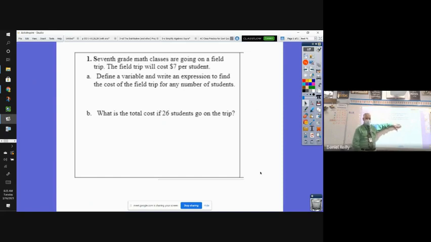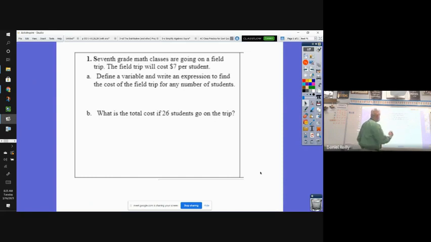This is not part of the problem yet, right? So what number do you not know in this problem? Usually we'll say any number or some number of some things, right? How many students? Yeah, so the unknown is the number of students. What letter do you want to use to represent the number of students?